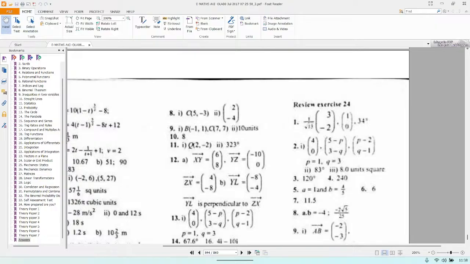Is it in the answers? They say Y is perpendicular to ZX. I don't think we've done that one yet.